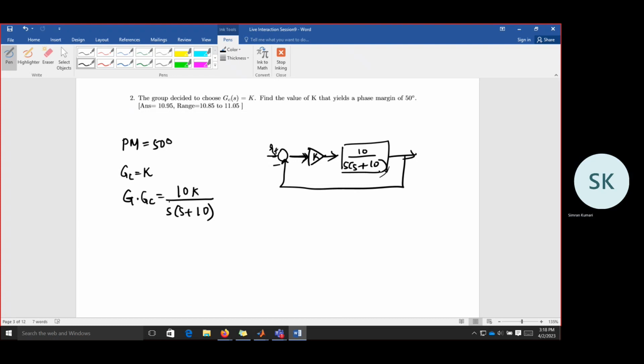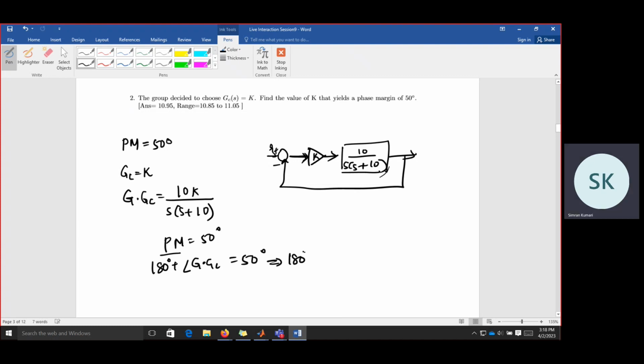So this much we know. Now what is the phase margin? Phase margin is 50 degree for this one. This phase margin is 180 degree plus angle of G GC.